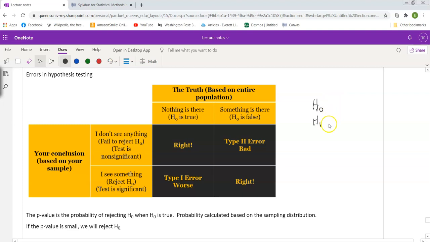So H1, remember, is the thing we're trying to prove. And I've got this written here as H0 is nothing is there, and H1 is that something is there. Something is there like a relationship between 2 variables, or a difference between 2 means or something.